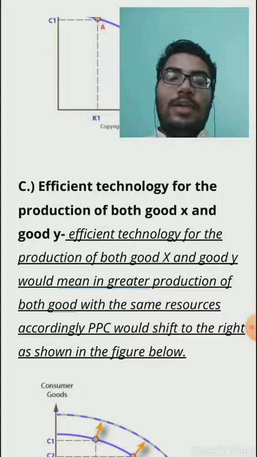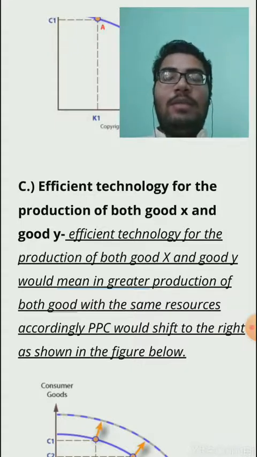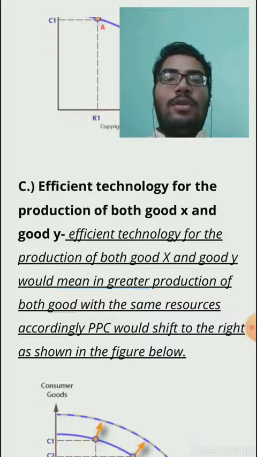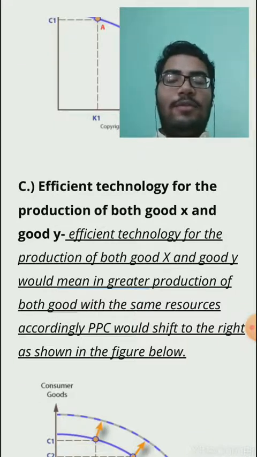Okay, so we have seen firstly what are the implication and what will be the shape of production possibility curve if the technology for the good which is available on x-axis increased, and if the technology for the good which is on y-axis increased, then the production possibility curve will rotate on y-axis or x-axis accordingly as per the situation.